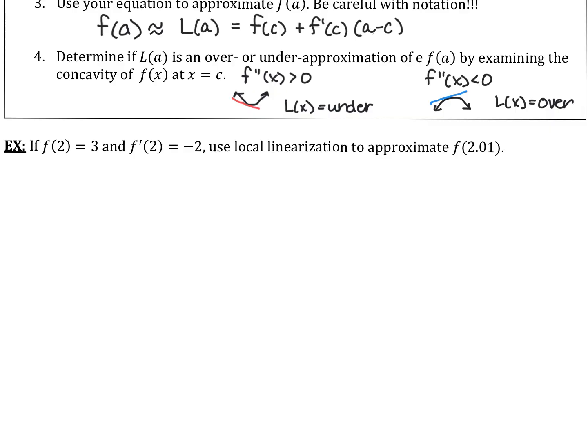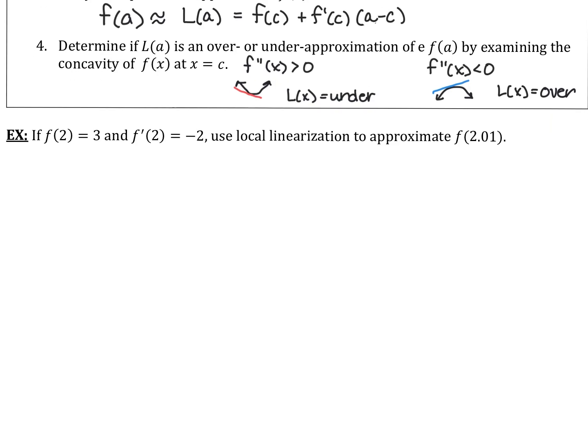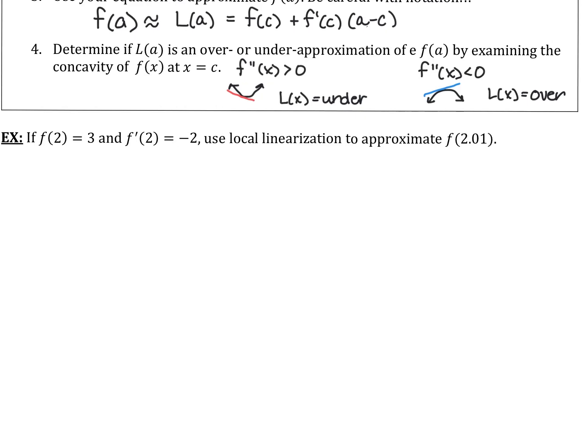All right. So the problem says, if f of 2 equals 3 and f prime of 2 equals negative 2, use local linearization to approximate f of 2.01. All this is asking me to do is to write a linear approximation. Well, what does it require to write a linear approximation or a tangent line?